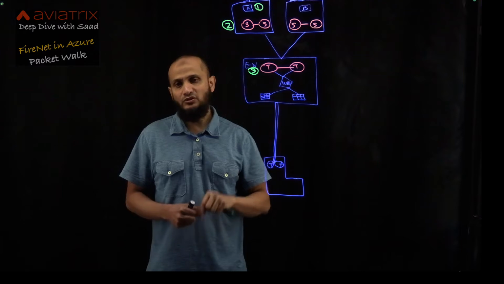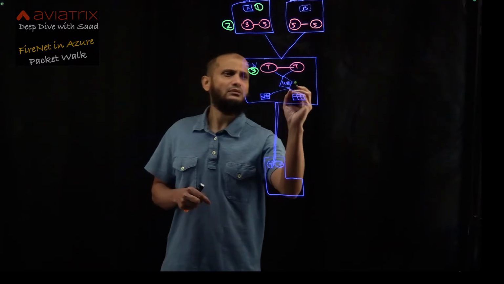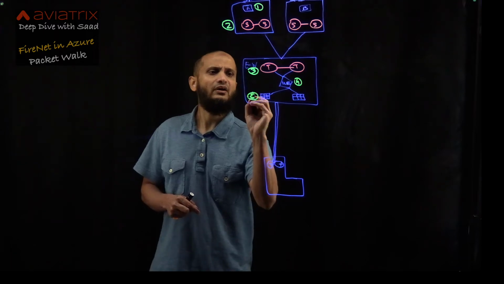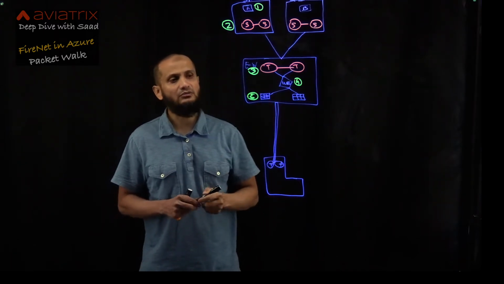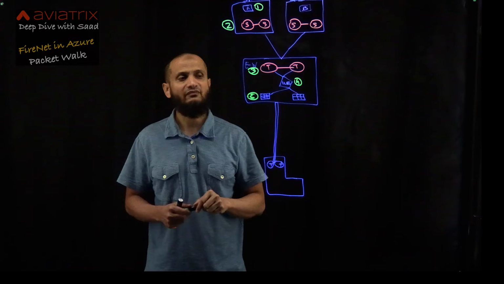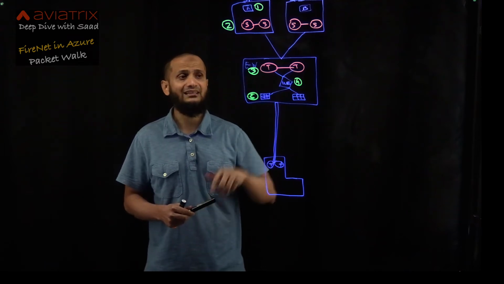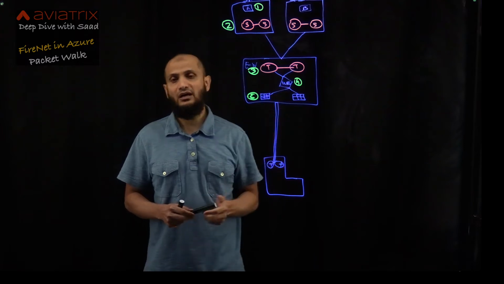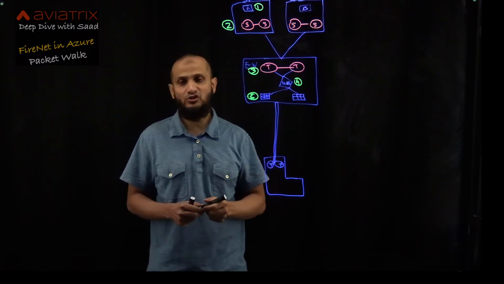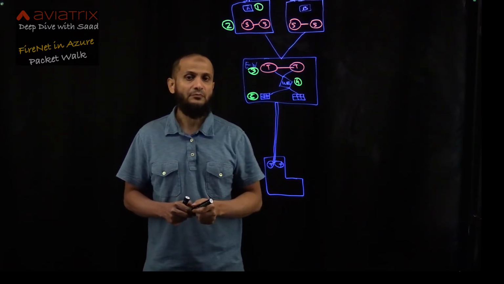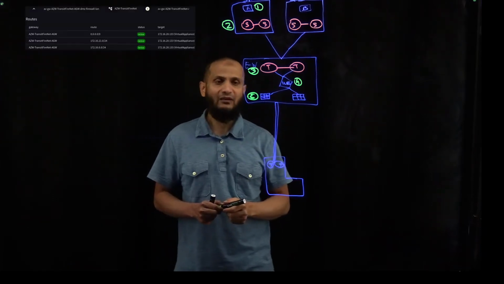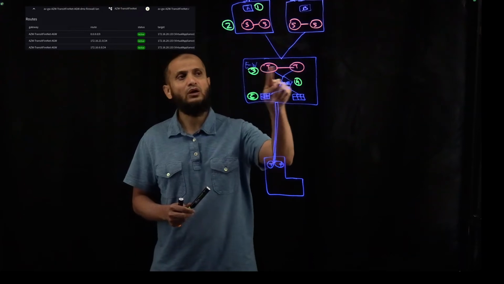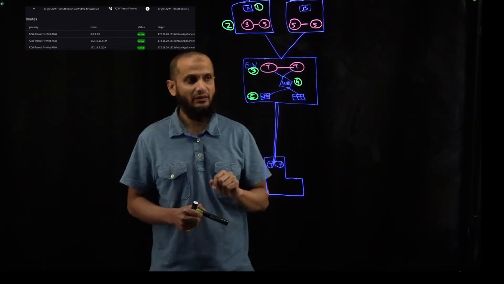The next generation firewall is going to inspect the traffic. So let me write this, number 4, and this time, number 5, the traffic comes back to the firewalls, and the firewall is going to inspect the traffic. This time the traffic is not going to go back to the ILB because the firewall is going to utilize the DMZ firewall LAN routing table, which has a default route set to one of these transit gateways.